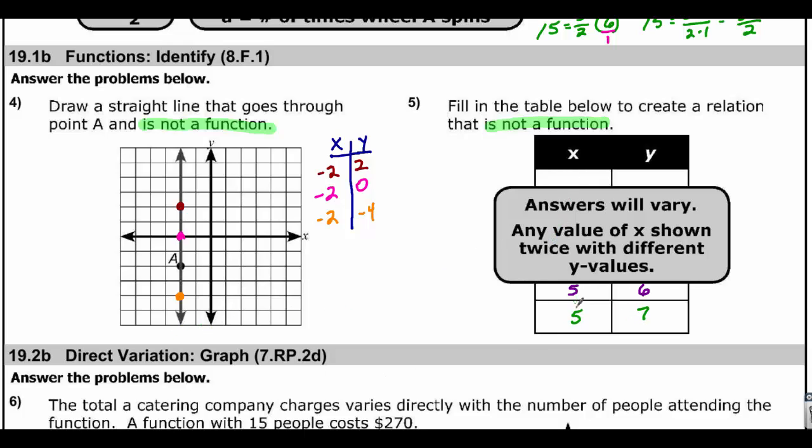If you have the same number in the x column twice, and when you look at the y's they're different, now you're saying, I don't know what y is going to be when I pick x. If it's a function, you will always know what y is because there's only one possible y. When it's not a function, you could pick an x, and the y is just like rolling the dice. You have no idea what the y is going to be.